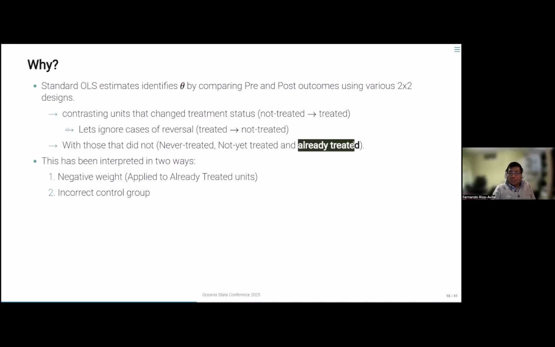And the already treated, because they are not changing the status, but they have already been affected by the treatment, and therefore very likely that the PTA is failing. And this is what causes having a bad control group. Now, this has been interpreted in two ways: that we're using a bad or incorrect control group because they are already treated, or because we're using an already treated unit as a control, we technically have to give them a negative weight to be able to put them as part of the control group.